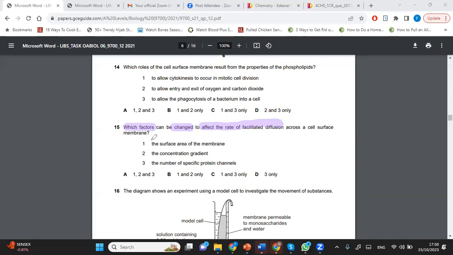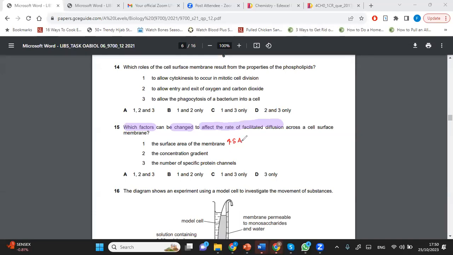What do you think? Yes or no? If I increase the area of the cell surface membrane, think about it this way: will the facilitated diffusion increase?